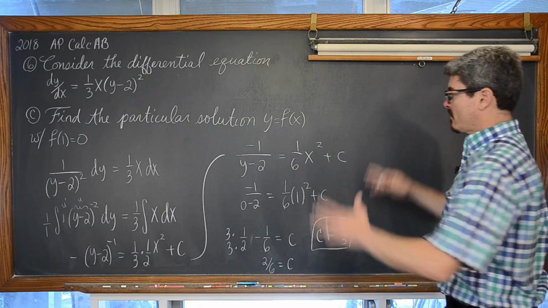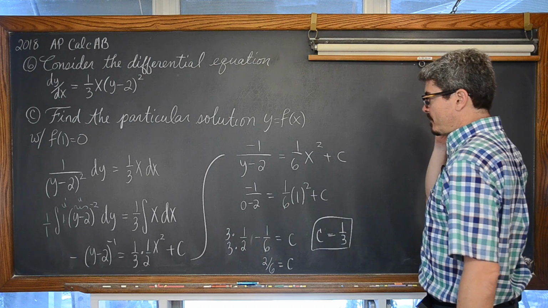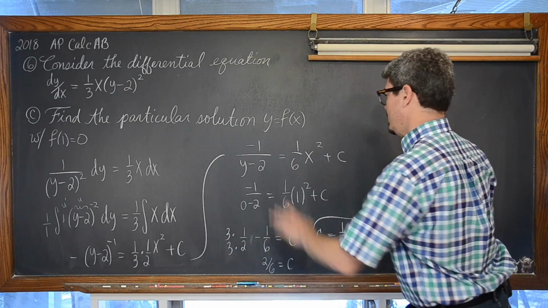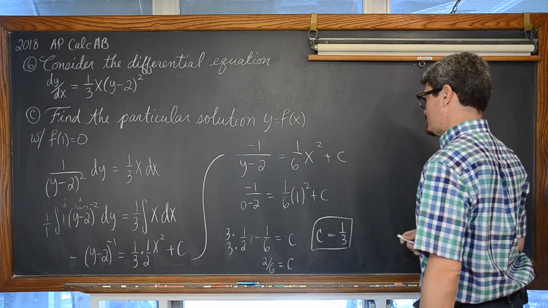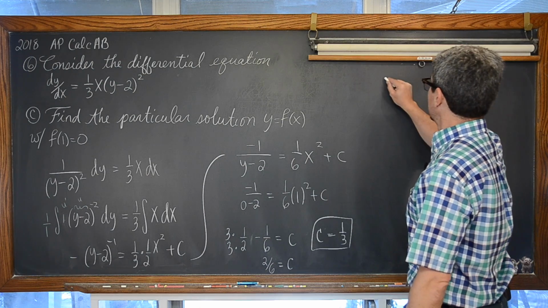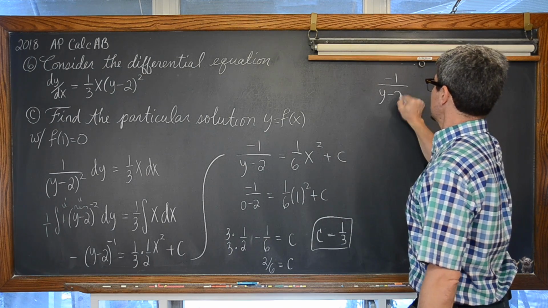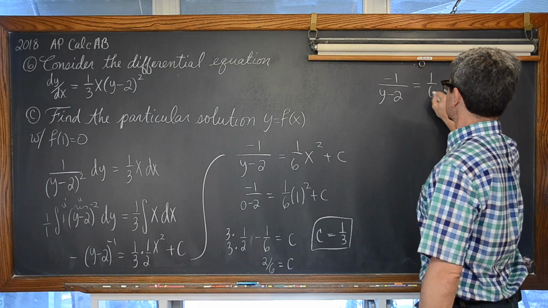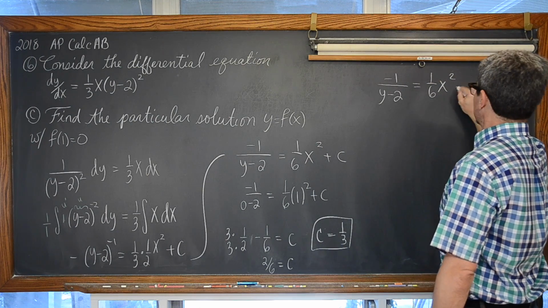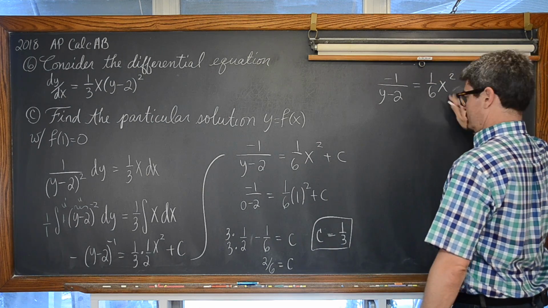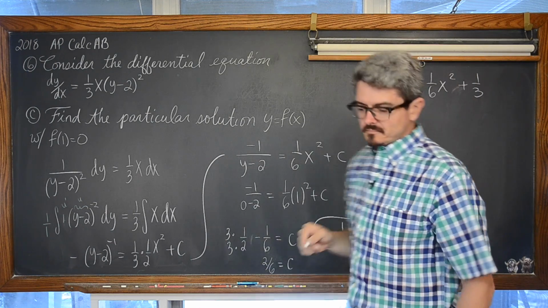Now, that means that we're ready to go ahead and finish writing up a cleaned up version of this differential equation. So we have -1 over y minus 2 is equal to 1/6 x squared plus 1/3.